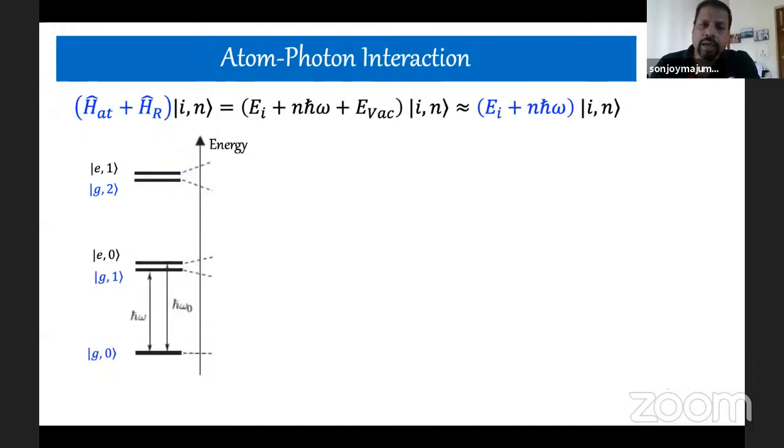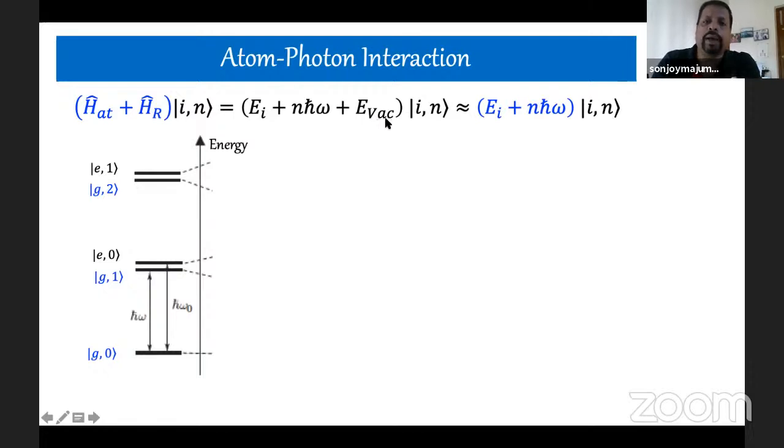So when we write the total Hamiltonian on this composite basis, |I n>, I get the energy corresponding to the atomic state. Then for the radiation field, I have n h cross omega plus half h cross omega, which is the vacuum fluctuation, and we write it as E vacuum.